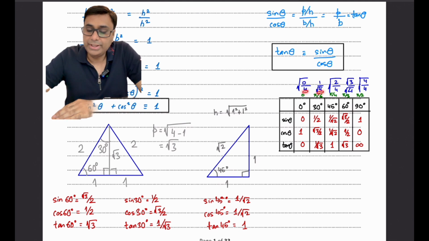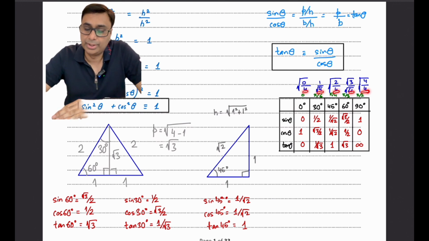Divide all of these numbers by 4 and take a square root of them. And that will give you all possible trigonometric ratios of sine theta. That is, sine 0 would be 0, sine 30 would be 1 over 2, sine 45 would be 1 over root 2, sine 60 would be root 3 upon 2, and sine 90 would be equal to 1.